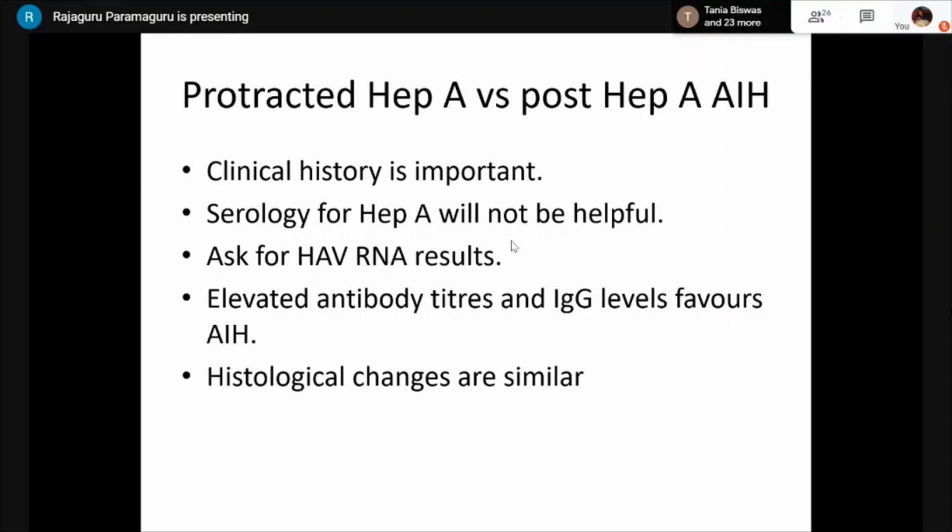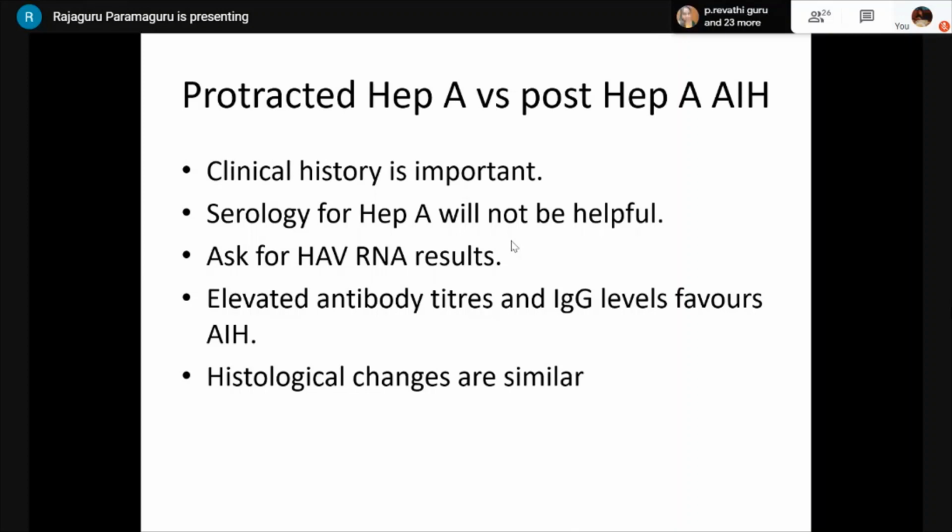First of all, in such a case, the difficulty is that both of them can present with a similar kind of histological picture with lots of lymphoplasmacytic infiltrate and lobular inflammation and damage. In hepatitis A, there will be more of cholestasis, but autoimmune also can have some amount of cholestasis, not so significantly. So it is really a challenge to differentiate.